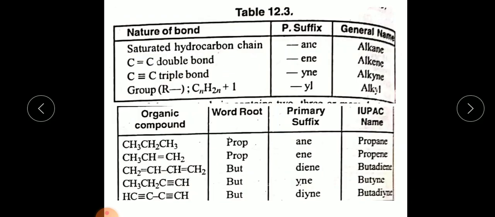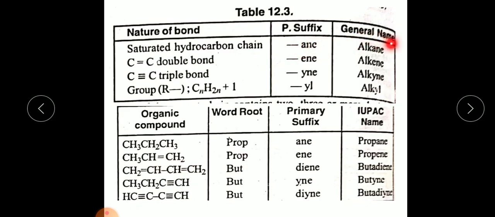Now this table shows us the general names. For example, if you have a saturated hydrocarbon chain, that means carbon-carbon single bonds and carbon-hydrogen single bonds, then the primary suffix is written as ane. For example, CH4 is written as methane.